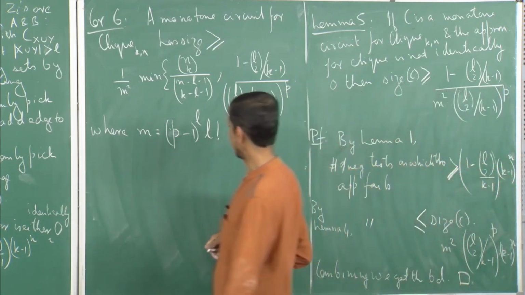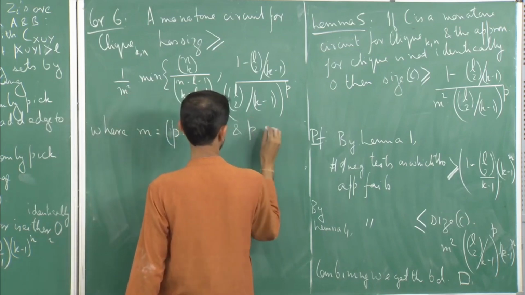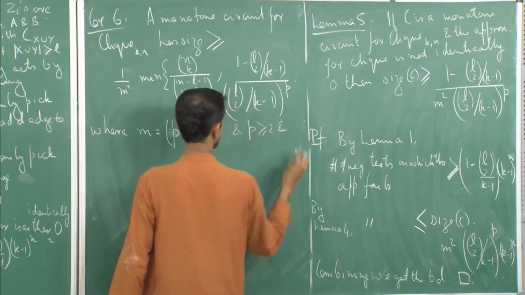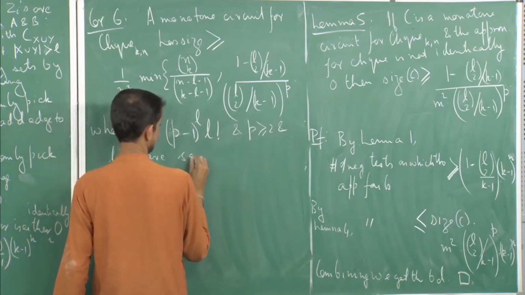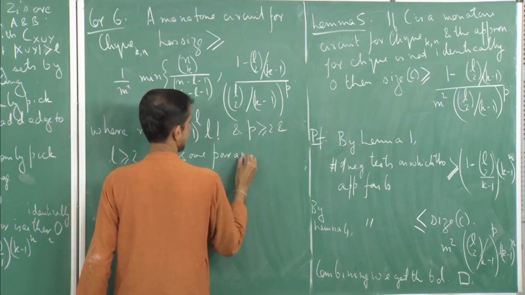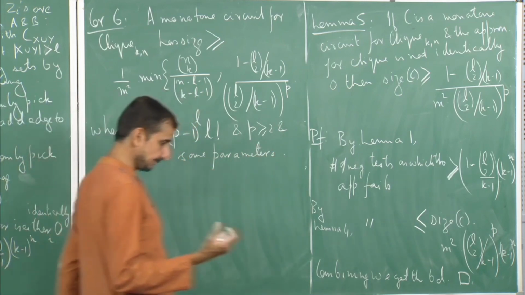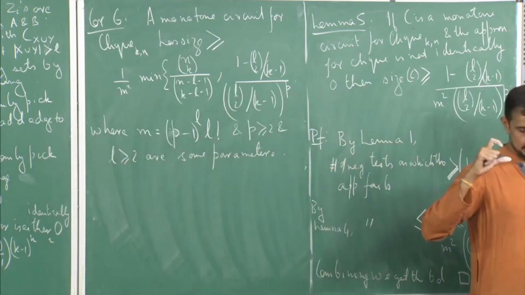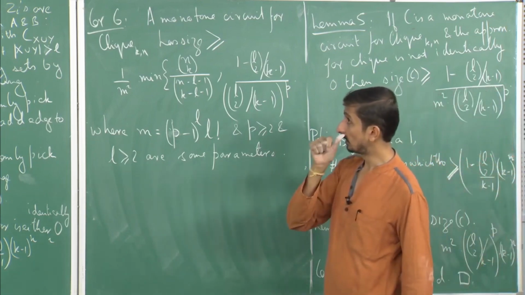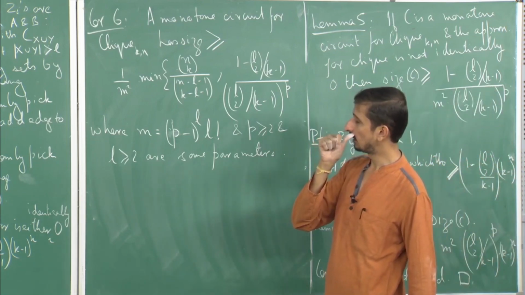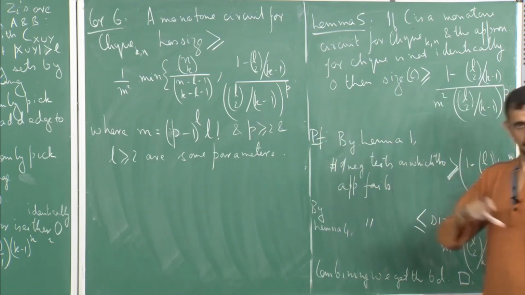What about p and L? They are some parameters, and p greater than or equal to 2 and L greater than or equal to 2. So why is p greater than 2? What was p again? p was the number of petals, and L was the size of a set.